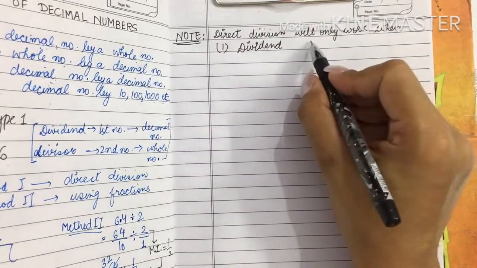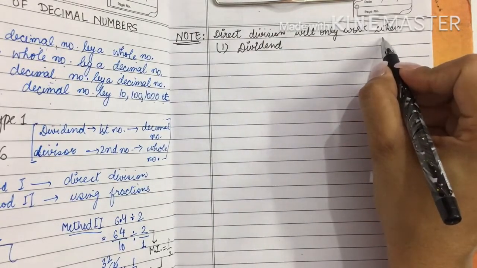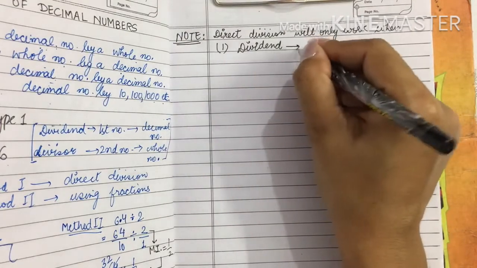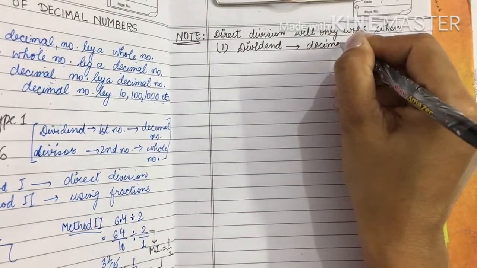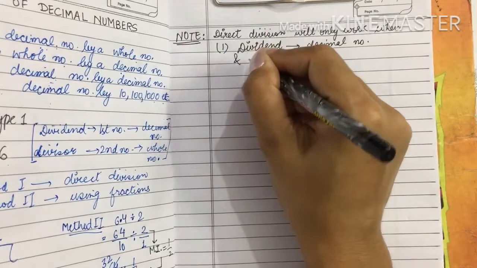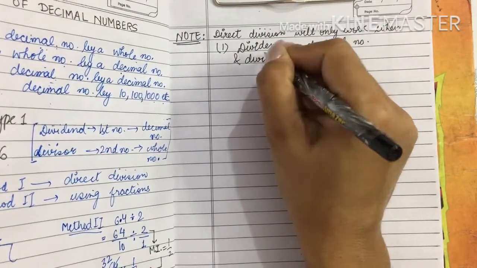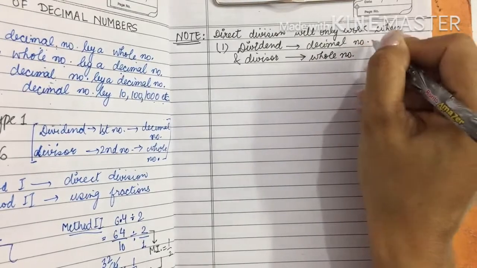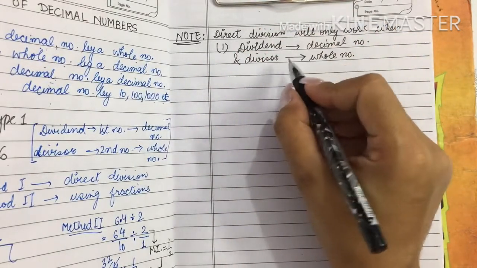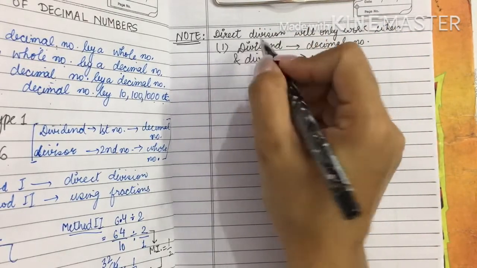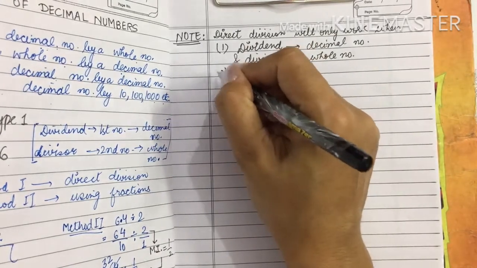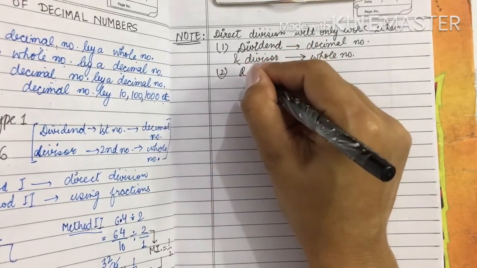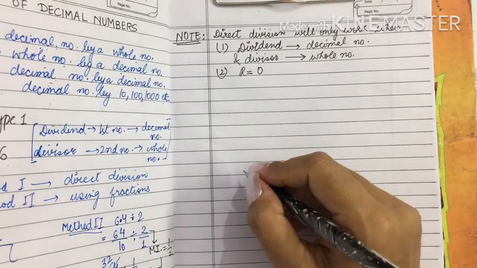Direct division will only work when, number one, the dividend is a decimal number and the divisor is a whole number. So this is the first condition that you want when you are going to directly divide. Second thing, the remainder must come out to be 0.